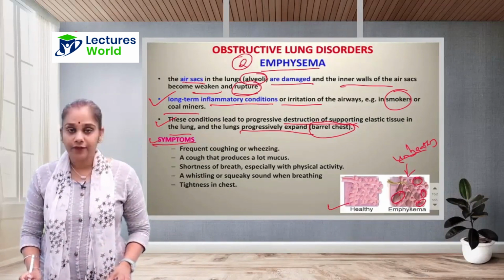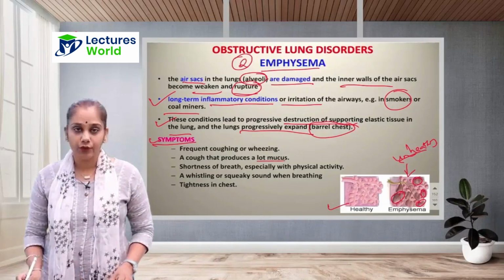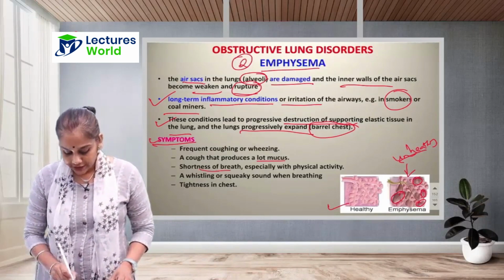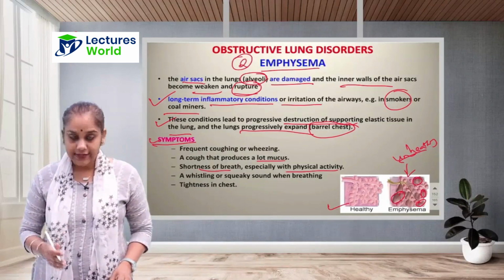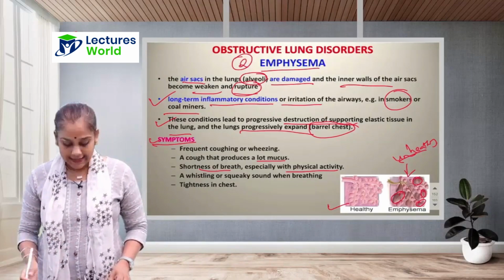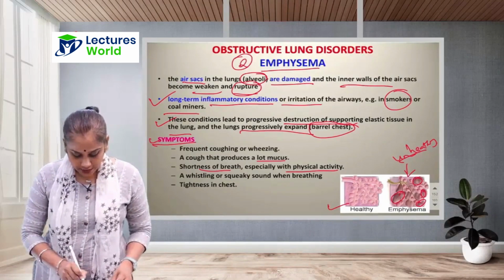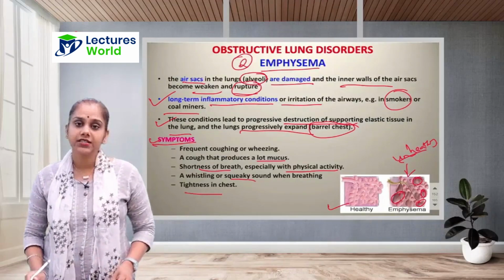Frequent coughing and wheezing, a cough that produces a lot of mucus, and shortness of breath, especially with physical activity. When doing hard physical activity, there is breathlessness or difficulty in breathing. There is also a whistling or squeaky sound when breathing, and tightness in the chest.